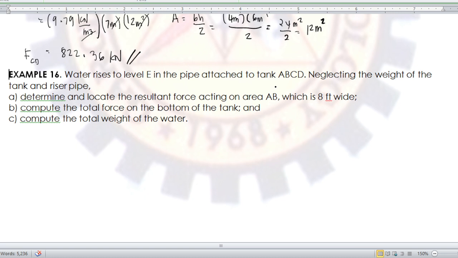So the same, class, we will be using force is equal to gamma times HCG times area. Now the question, the fluid is water. So the same, class, we will be using the value of water. But take note, what unit system do we have here? So it is British engineering. So therefore, we have to use the value, which is 62.4.